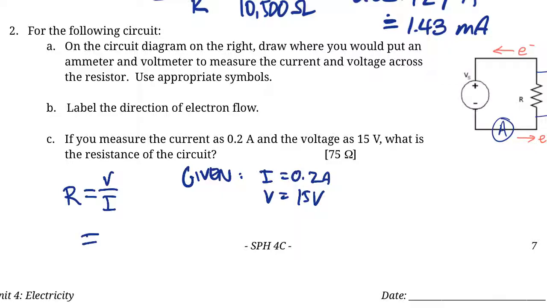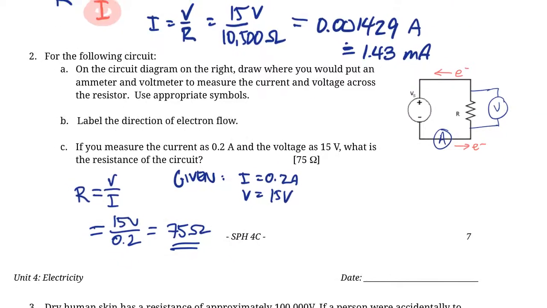So if we do that, it's 15 over 0.2. What's that going to give us? Well, if we do that math, it's just going to give us 75. And remember, the unit for resistance is ohms. There we go. That's our answer. So we could actually use just a voltmeter and an ammeter to determine what the resistance of that resistor is.